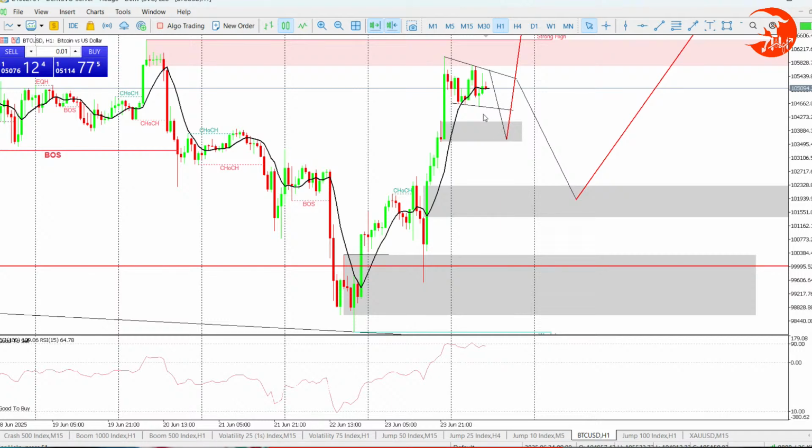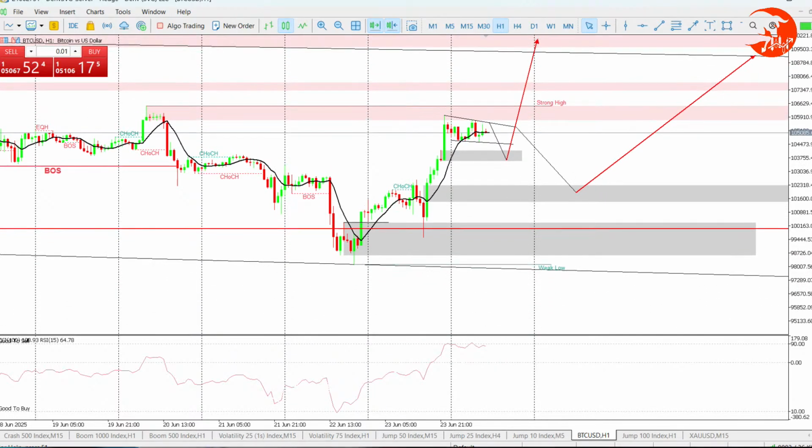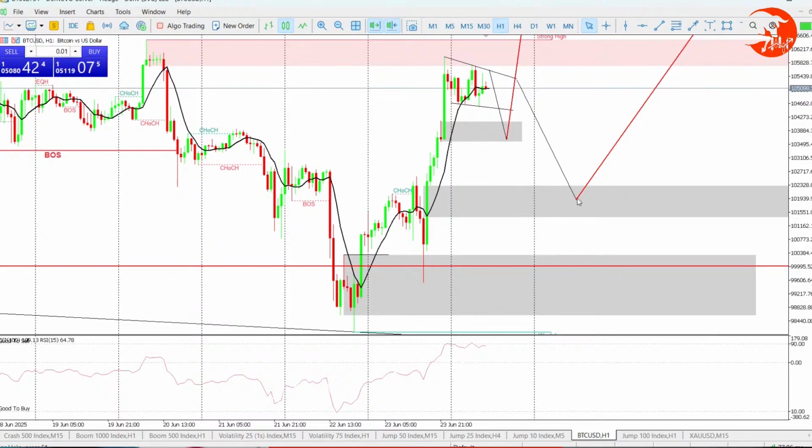We have this one on H1, but also we have this fair value gap on H1, which is matching with our Fibonacci retracement level. So price is likely to retrace back to this Fib retracement level or to this order block, which is an M15 confluence area. So price reacts to that and then gets us into buys once more.